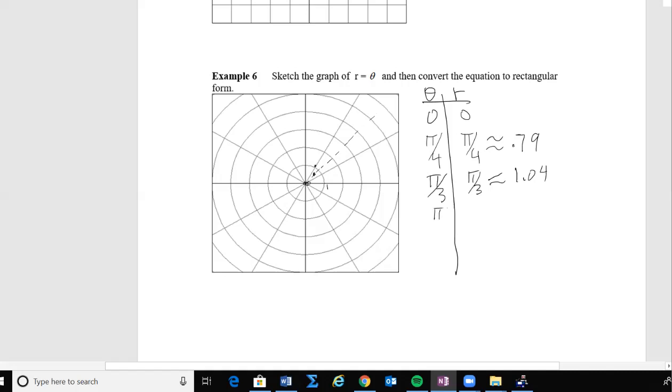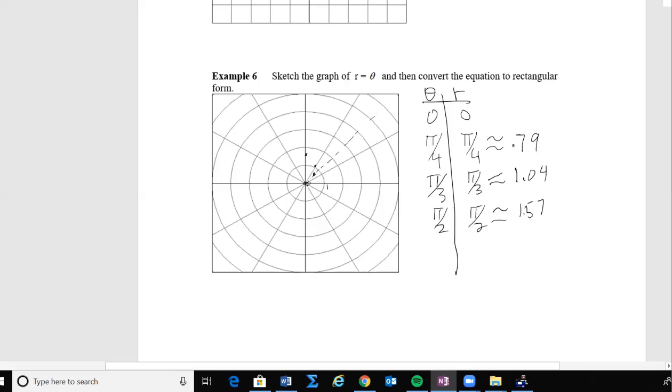And let's jump to pi over 2. Well, pi over 2 is about 1.57, sorry. And that's about here.